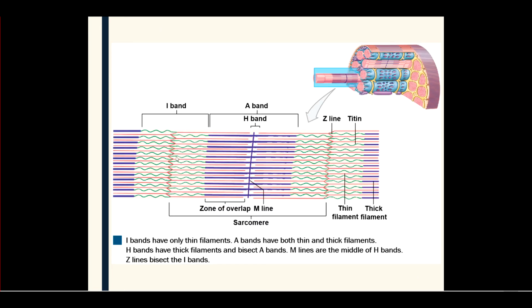So if you take a look here, guys, from the Z line, we have attached to it this squiggly green line going right to the side of the thick filament. Each one of these green lines is the titin. Okay, the red lines attach from the Z line and they go over into the zone of overlap. So the green line is the titin, the red line is the actin.